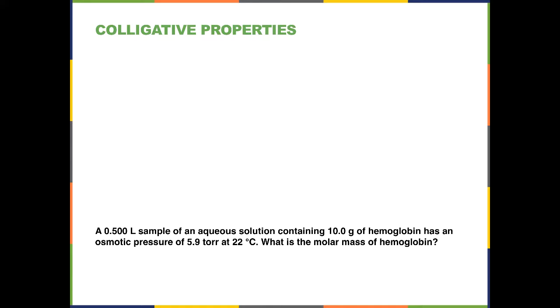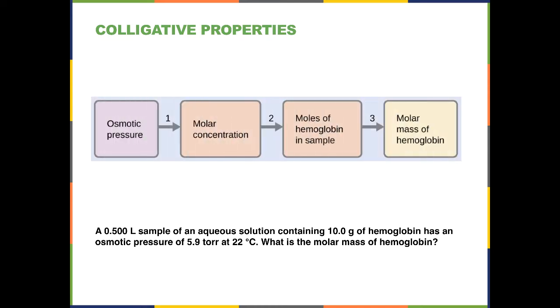This problem looks at the calculation of osmotic pressure and finding the molecular mass using osmotic pressure. So what we have here is 1/2 liter of an aqueous solution that has 10 grams of hemoglobin, and I measured an osmotic pressure of 5.9 torr at 22 degrees. So how do we use that to find the molar mass of hemoglobin?